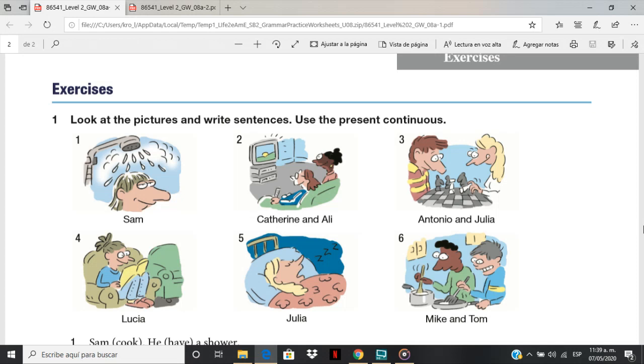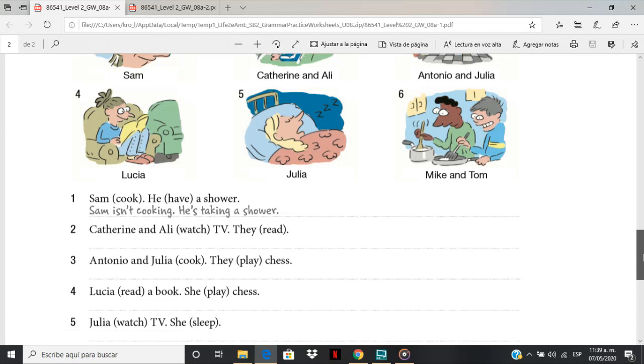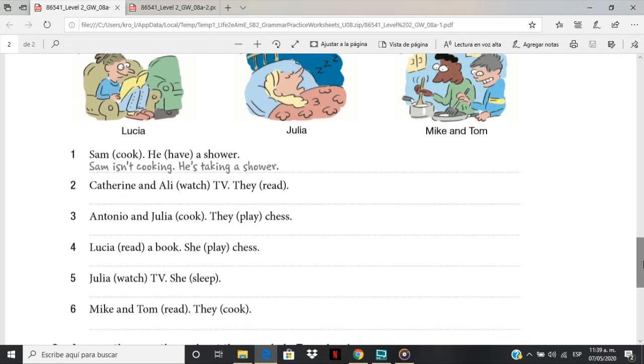So look, number 1, there is Sam. Number 2, Catherine and Annalie. Number 3, Antonio and Julia. 4, there is Lucia. 5, Julia. And 6, Mike and Tom. What are they doing? Try to write your answers. You already have the verbs here to have an idea.